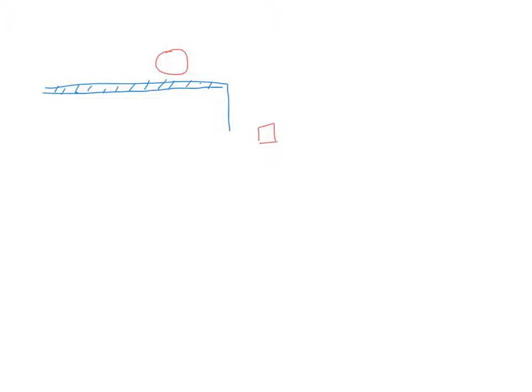If the box is 0.6 meters below it, this distance here is 0.6 meters, whereas this distance is 0.4 meters. That should be a 4. Let me rewrite that.